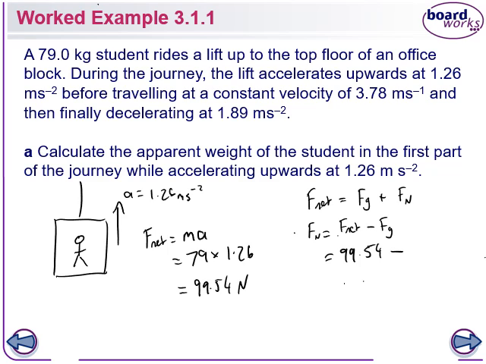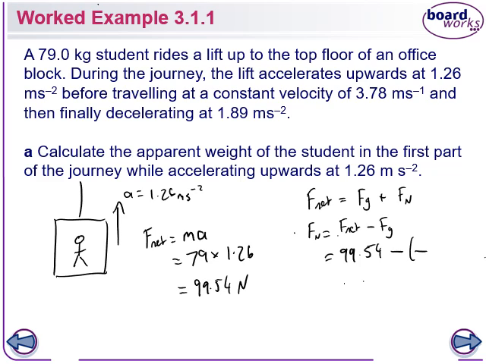minus our Fg force. Now I'm calling Fnet is moving upwards, so I'm calling that the positive direction. Fg, therefore, is going to be in the negative direction. Okay? So if we're subtracting Fg, we need to subtract a negative. All right, because I've got this equation, we worked out that Fnet minus Fg is our Fn, but Fg is downwards in the opposite direction, so we are minusing a negative.